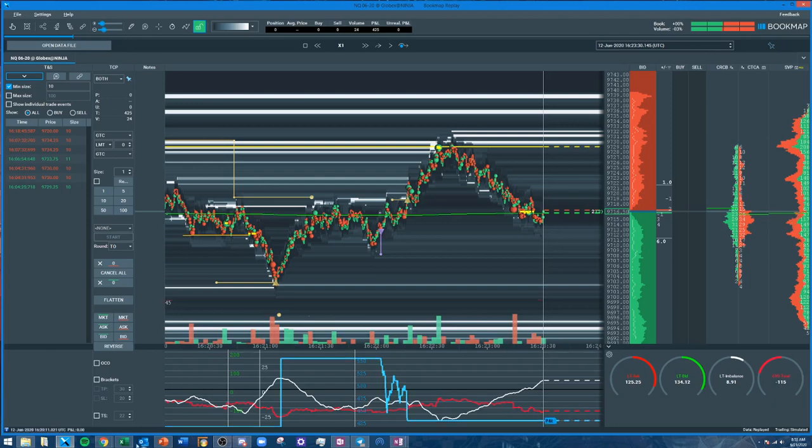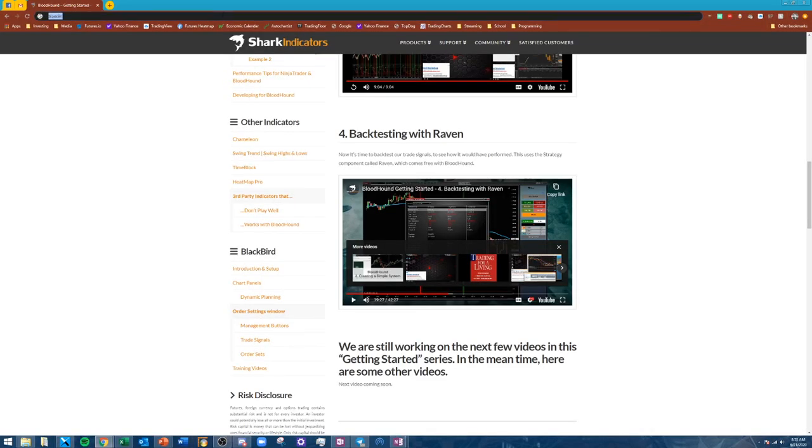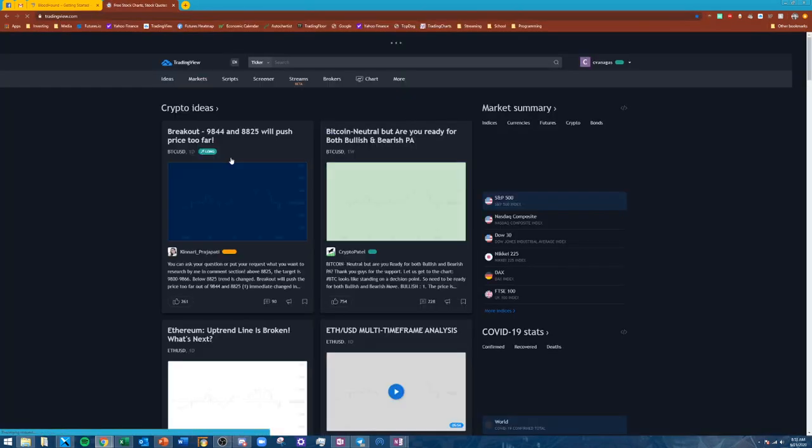And as for volume indicators, if you guys want a free one, if you go to TradingView, make a new tab here, TradingView.